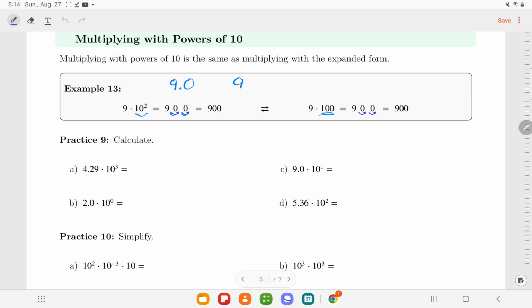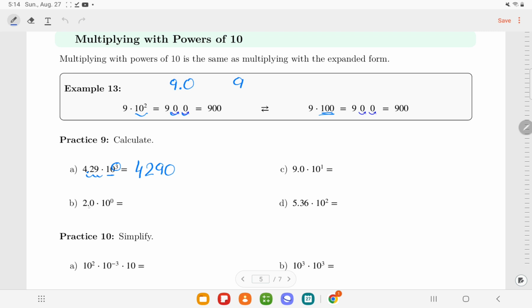Let's look at practice 9. 4.29 times 10 to exponent 3. We know that's 1000. So we move this point 3 times to the right. So 4, 1, 2, and 3, 2, 9, and 1 more, that's 0. So it becomes 4290.